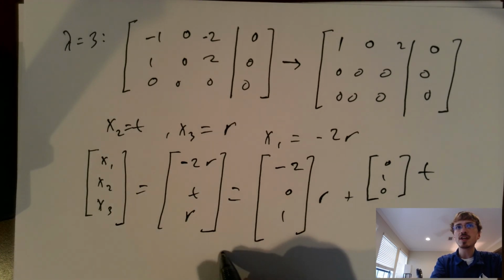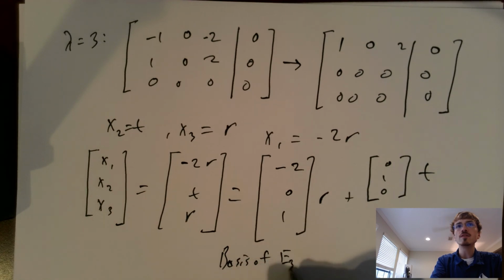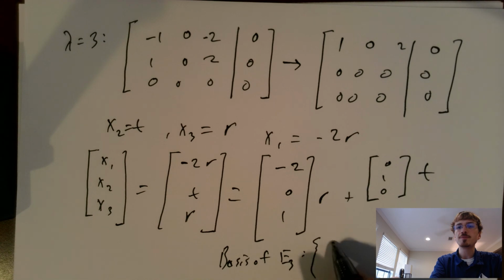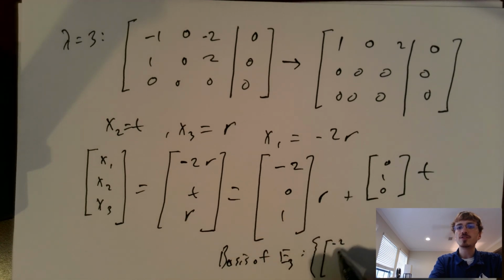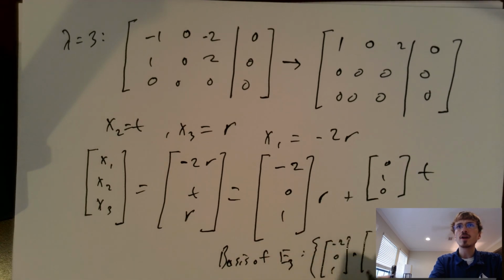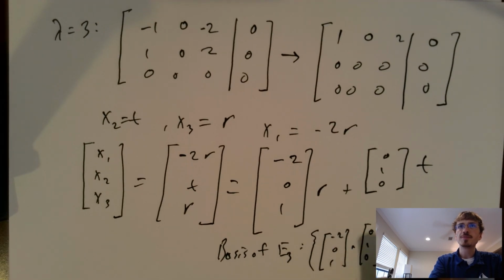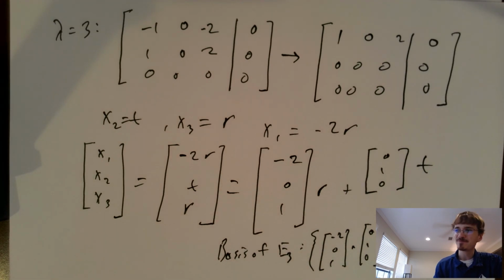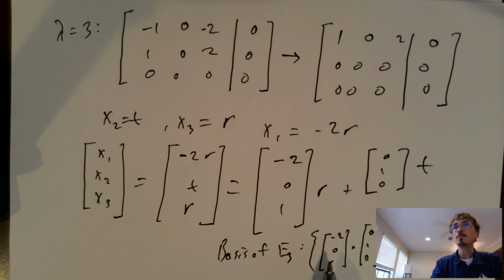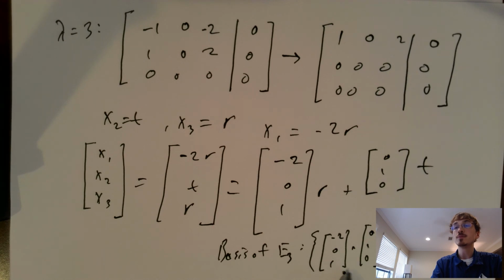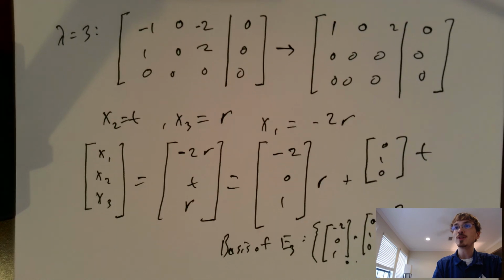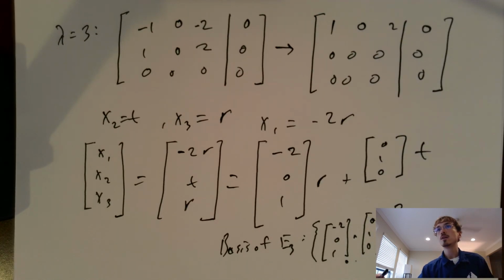A basis of this eigenspace, and this will be E3, the eigenspace associated with lambda equals 3, is the vector negative 2, 0, 1, and the vector 0, 1, 0. Yeah? Hope you can see that over there. So what's the dimension of this eigenspace? The dimension of this eigenspace is 2. And the dimension of the eigenspace associated with lambda equals 2 is 1. Yeah?